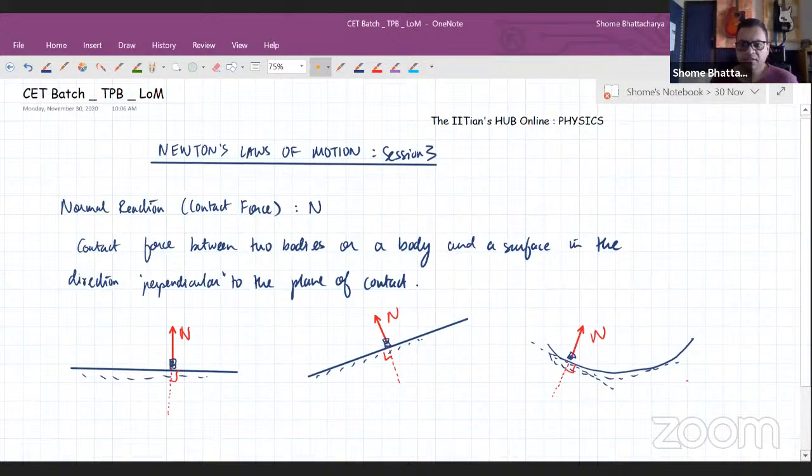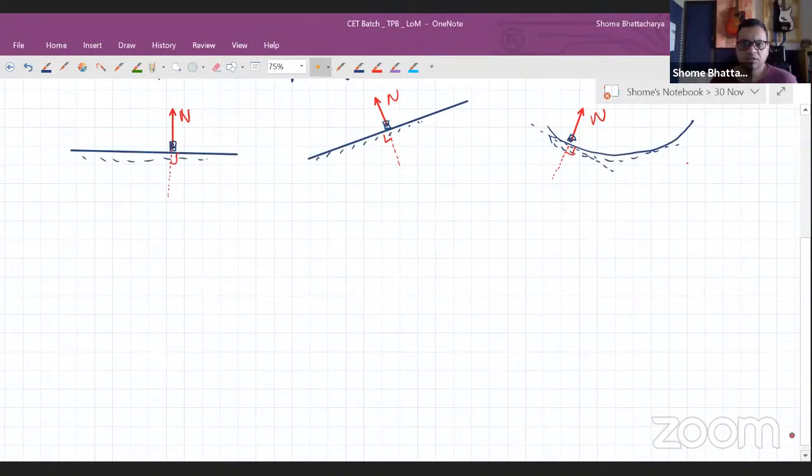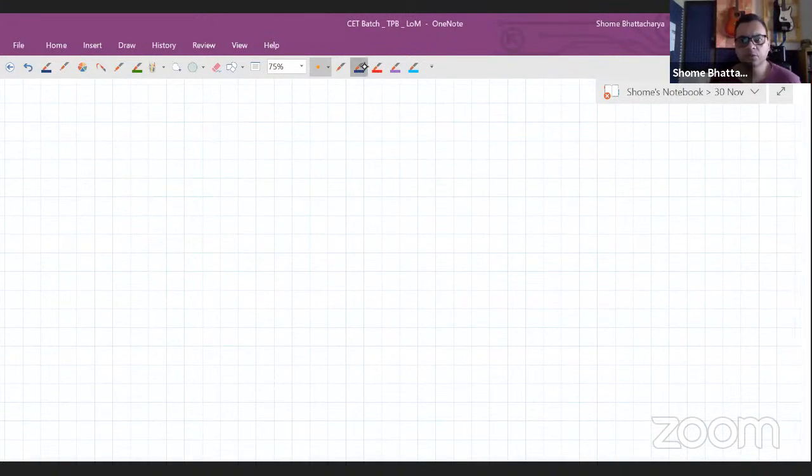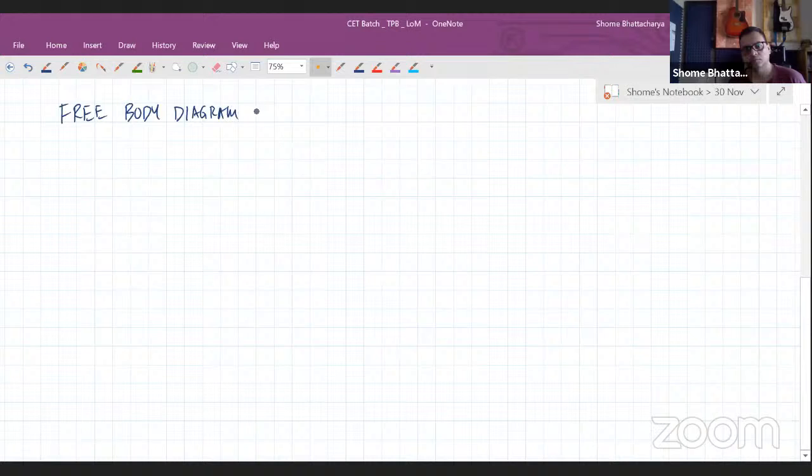Okay. Next thing, what we had discussed in the previous lecture was the concept of free body diagram. So let's just go over that again. So what we do in the free body diagram method of solving a problem, okay, from henceforth we'll just call it in short form as FBD.